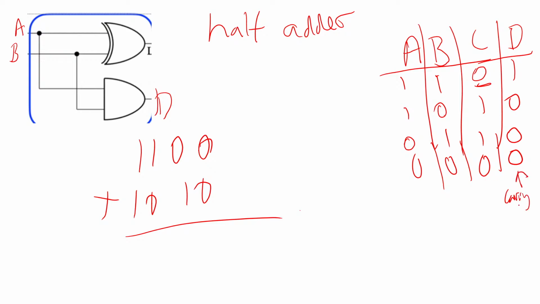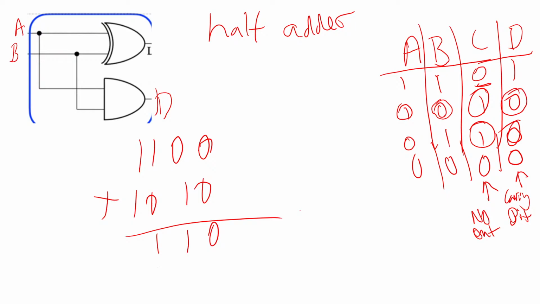Then 0 and 1, we have 1 as the output and no carry bit. Again, 0 and 1, we have 1 as the output, no carry bit. 1 and 1, we have no output, but we have a 1 carry bit. Does that make sense? So this is our carry bit. Hopefully that makes sense to you guys.